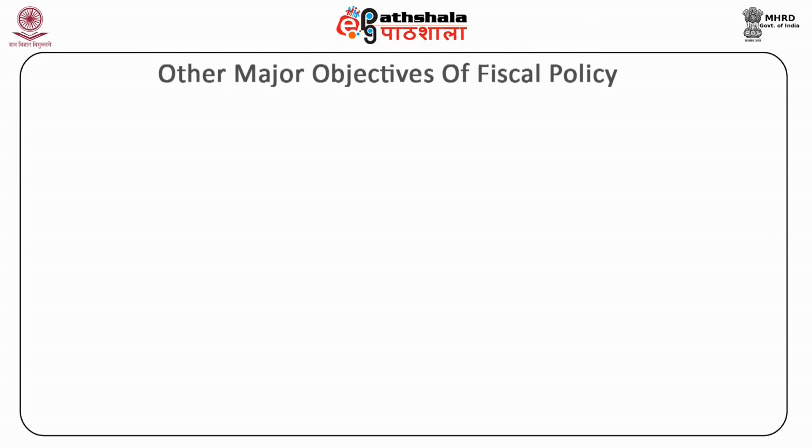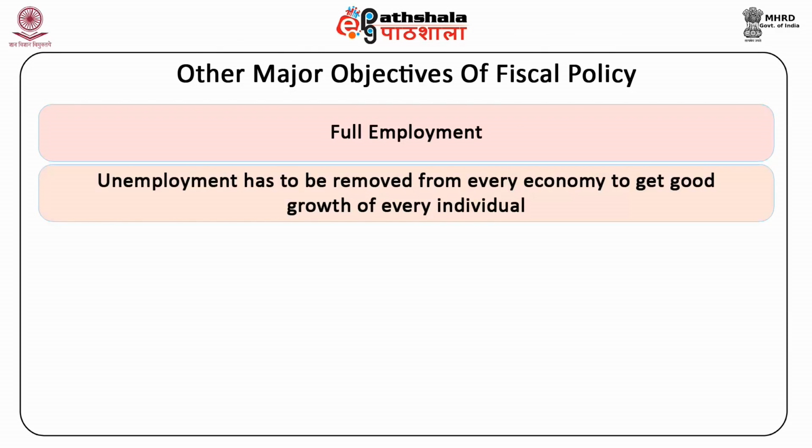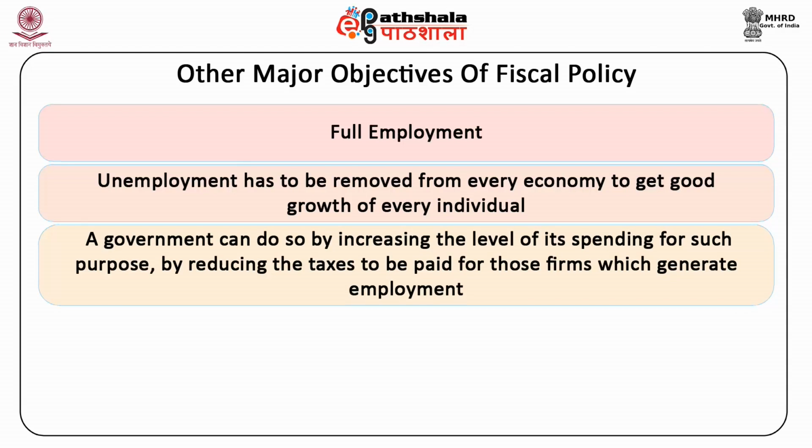These are: first, full employment. Unemployment has to be removed from every economy to get good growth of every individual. A government can do so by increasing the level of its spending for such purpose, by reducing the taxes to be paid by those who do not earn much, by giving incentives, say less tax or subsidy, for those firms which generate employment.